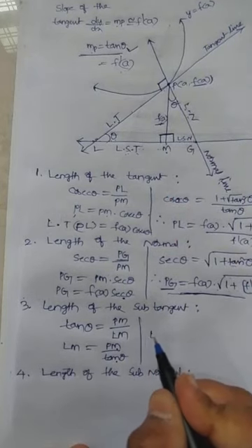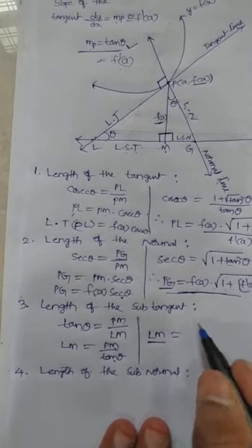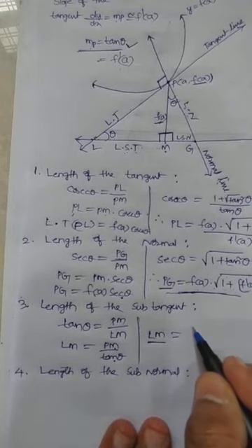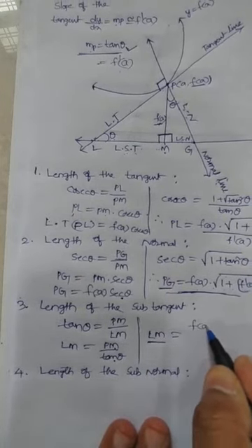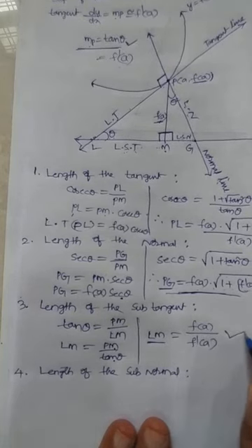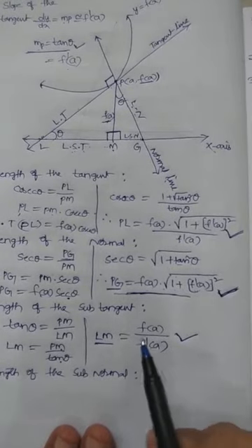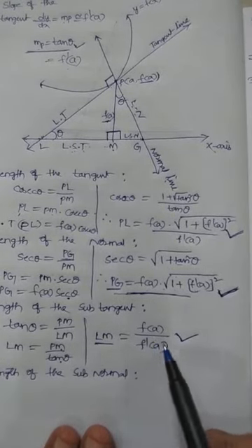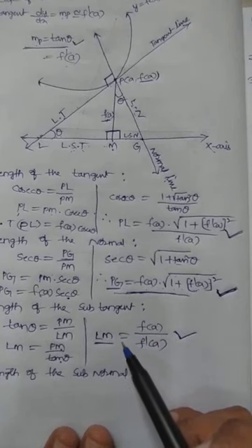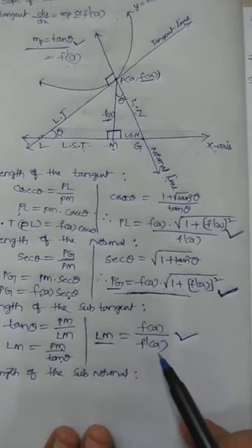So LM bar, the length of the subtangent, is f(a) by f'(a). This is the formula to find the length of the subtangent.